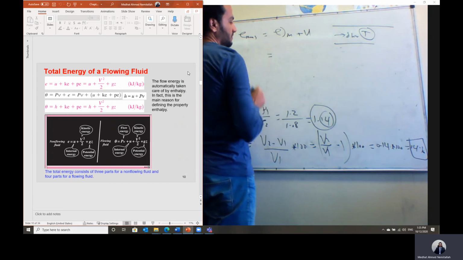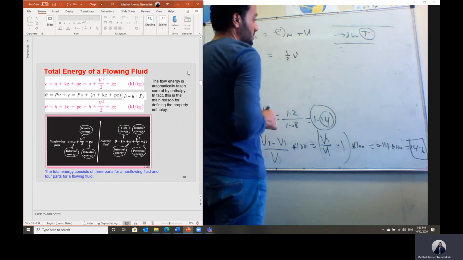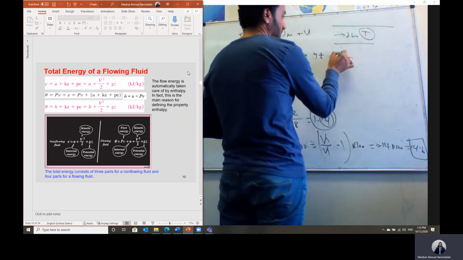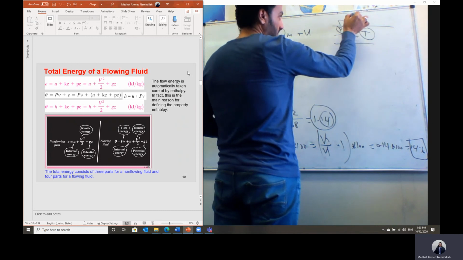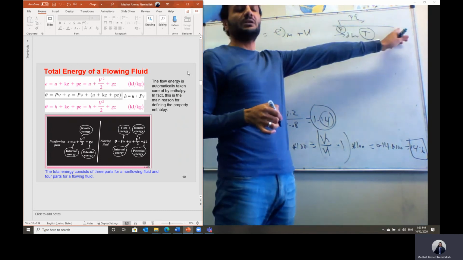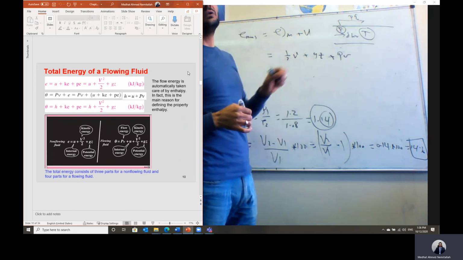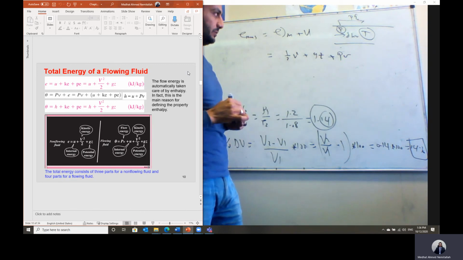The mechanical energy of the fluid, as we defined in chapter 2, is equal to the kinetic energy, which is half V squared, plus the potential energy, which is gz, plus the flow energy due to pressure, because the flow will not be moving unless the pressure is high. Pressure P1 is higher than the pressure at any downstream point. So we have flow energy, which is PV. We defined this term in detail in chapter 2.